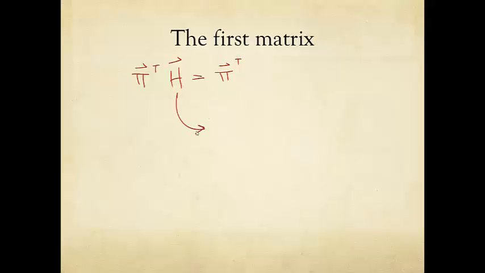And what is this H in general? In general, this H is defined as the ijth entry. Could be 0 if i does not point to node j.